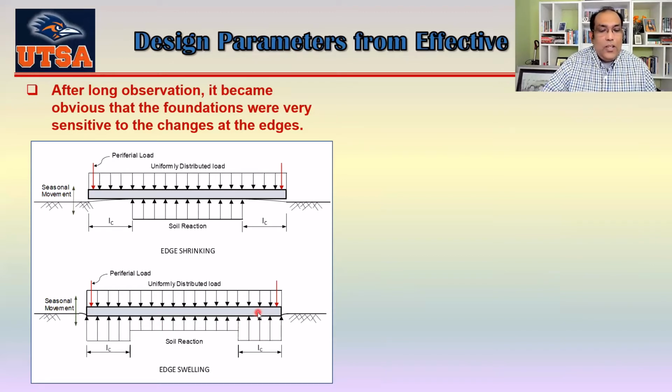They will try to create an arch in this direction, creating a positive moment. Here you can see this one is hanging like a cantilever, and it creates a lot of negative bending moment on the slab.